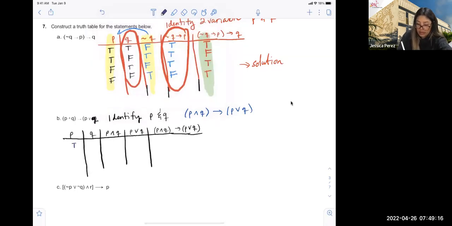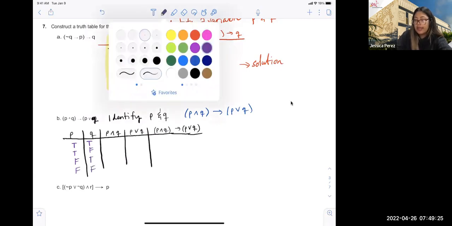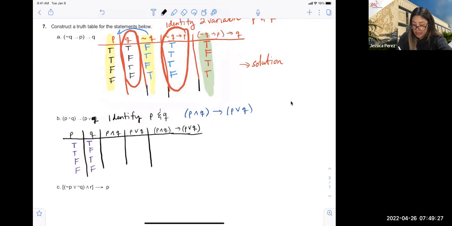So again, true, true, false, false, true, false, true, false. Now, whenever you have an AND statement, P and Q, T and T, that's a T, T and F, that's an F, they're all Fs. And the other one, P or Q, they're all T's except the last one, F or F, well, that's an F. Now you're doing the implication.